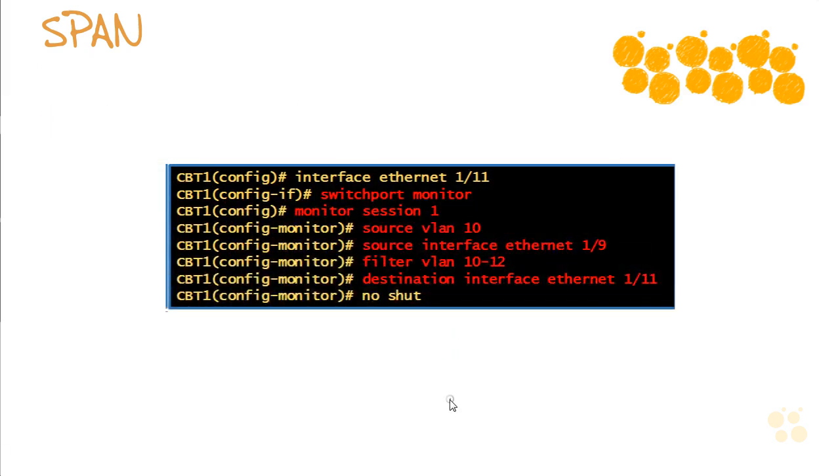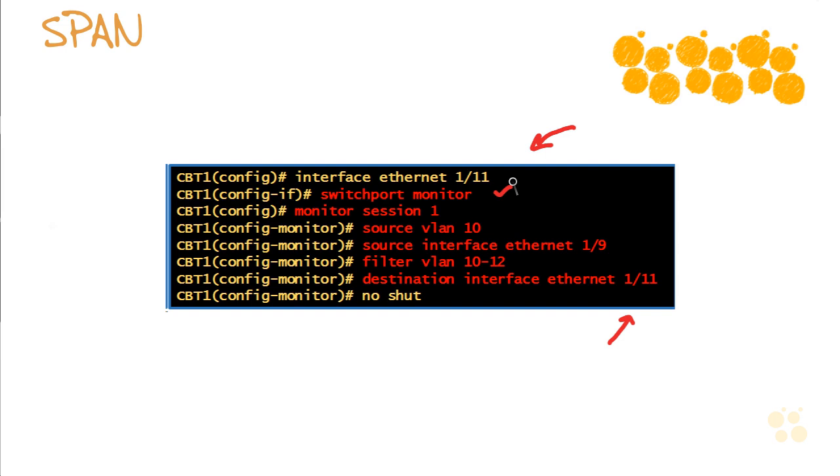Now, you are responsible for the configuration of SPAN, and let's take a look at an example in the Nexus OS environment. Notice we go to the Ethernet 1/11 port in this case, and this is going to be our SPAN destination port. So we have to utilize the switchport monitor command.